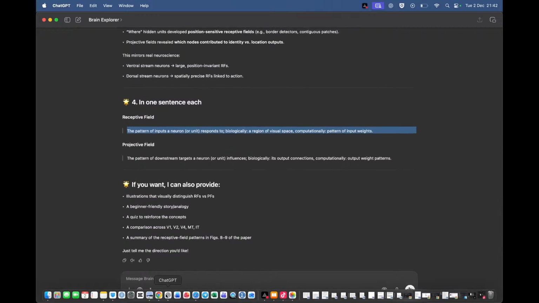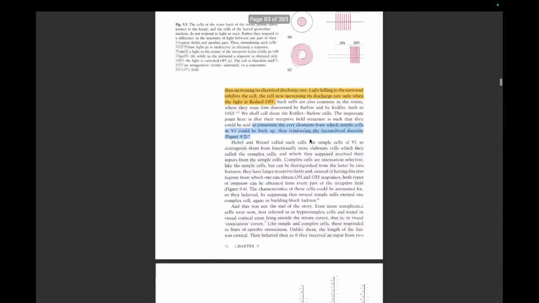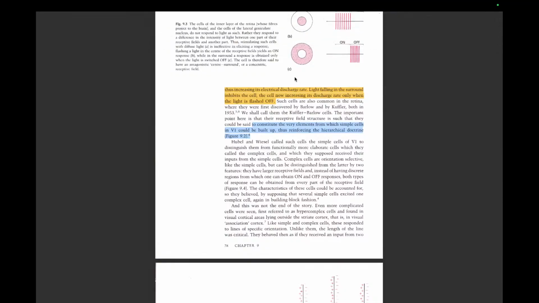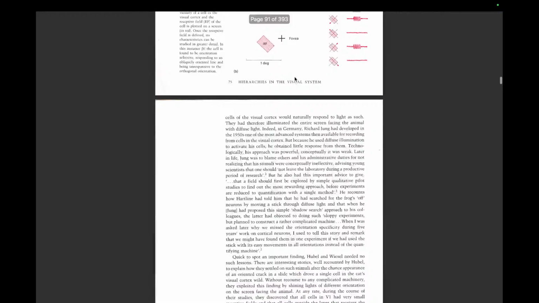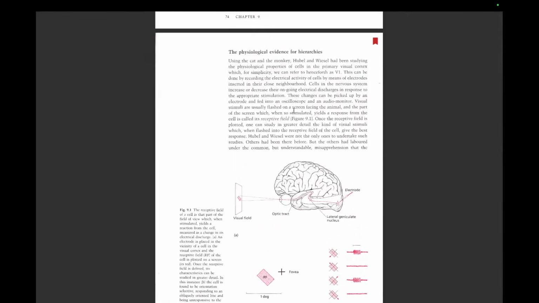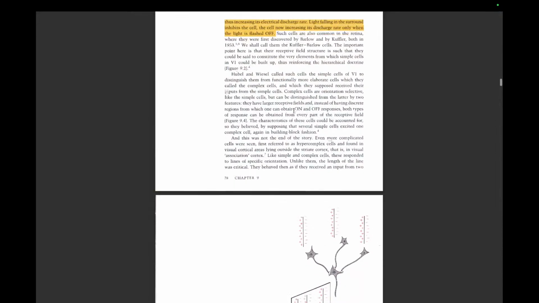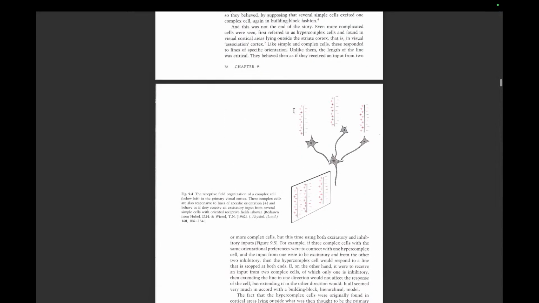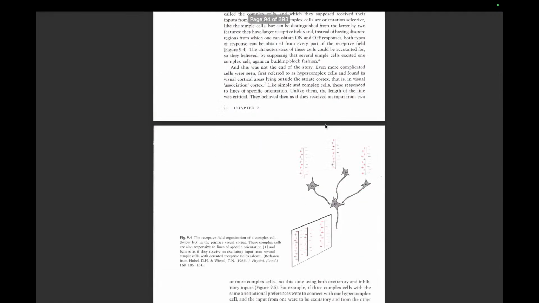Okay, so now we're going to go through the projective field. I think receptive field has been covered nicely. So bookmark these as well. Projective field. Yes, this is organized here. I guess we can expand.